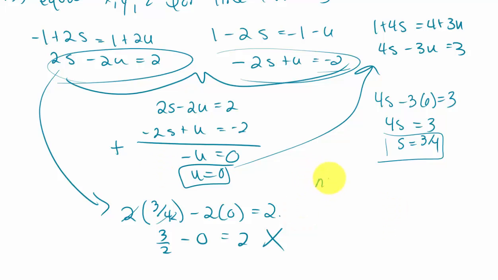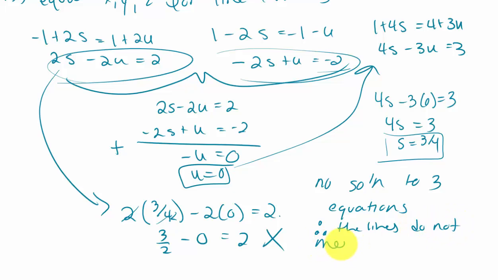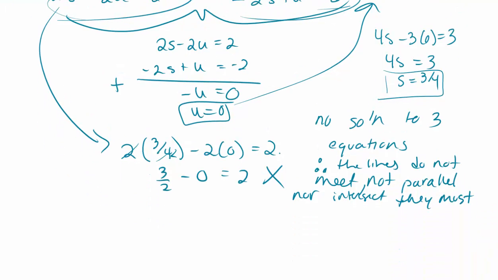So we're saying that there is no solution to the three equations. Therefore, the lines do not meet. They're not parallel, nor do they intersect. So they must be skew.